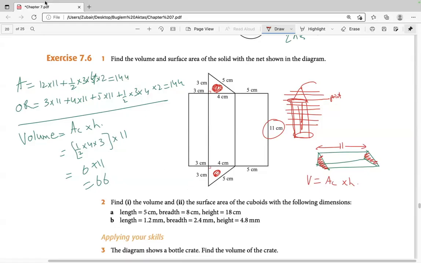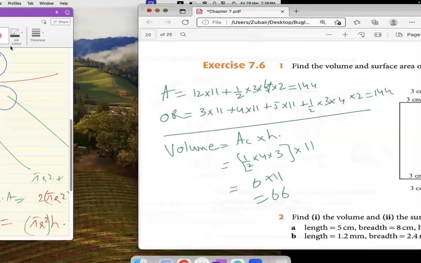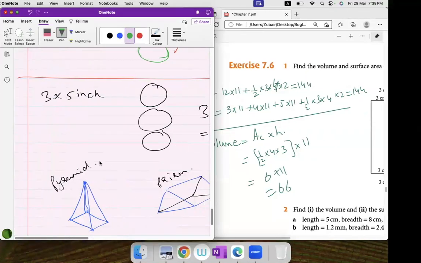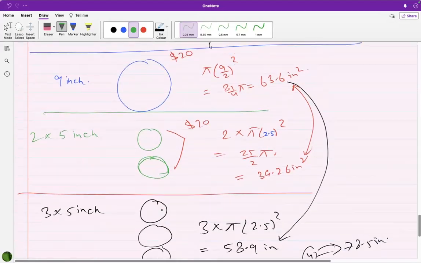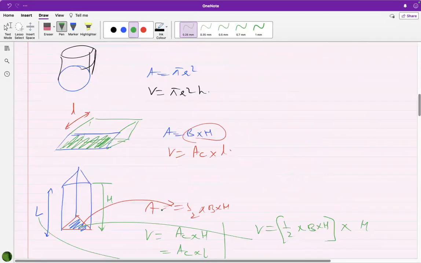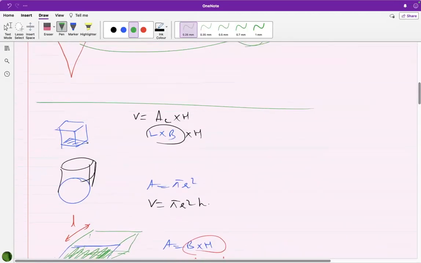Let me go back onto those shapes. You see, for the volume, we take the area of cross-section at the base because it is the same at the top, and we multiply with the distance between these two parallel sides, and we call it height or length or distance.